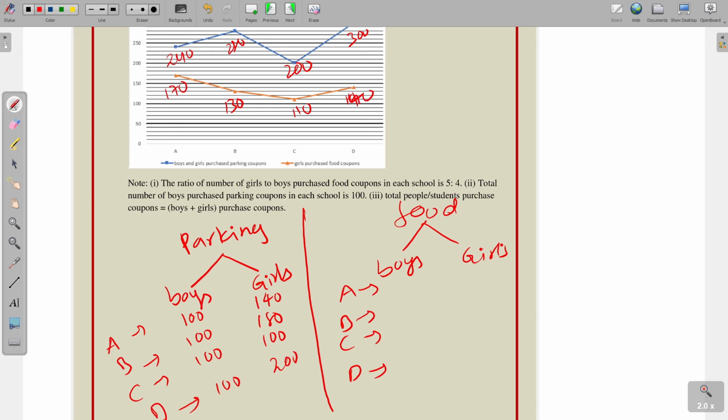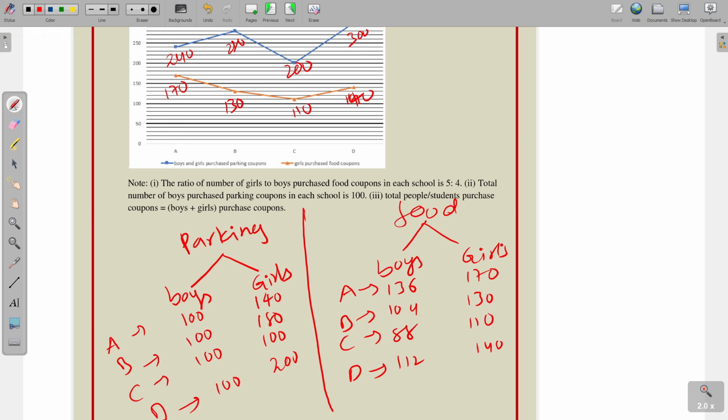So girls are 170, 130, 110 and 140 in the graph. These are the 5 parts and these are the 4 parts, so you can identify these things: it is 136, 104, 88, 112.